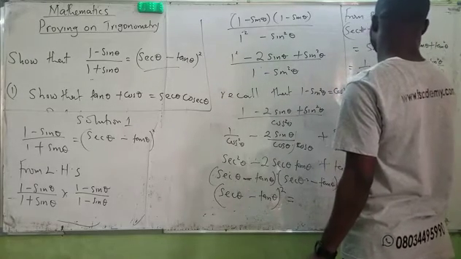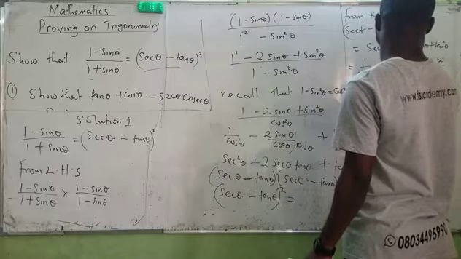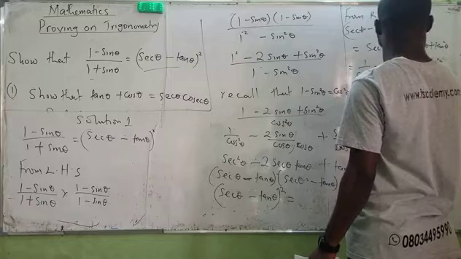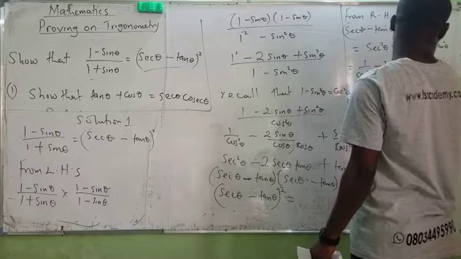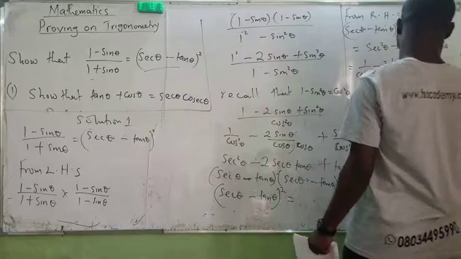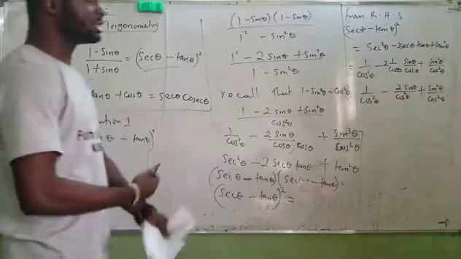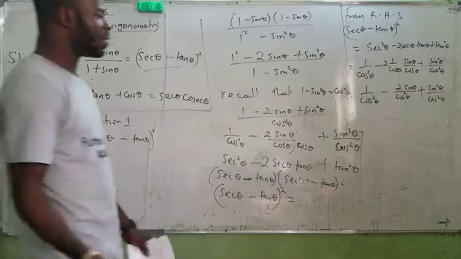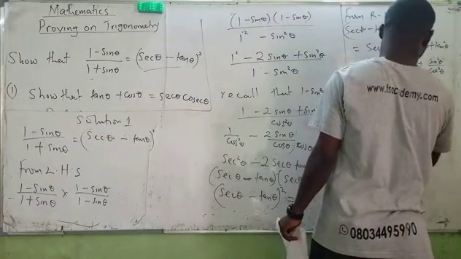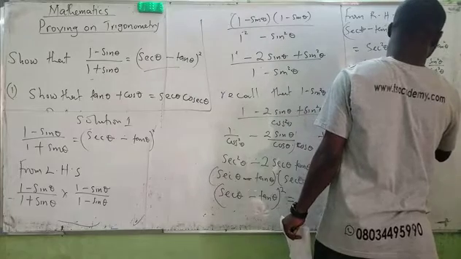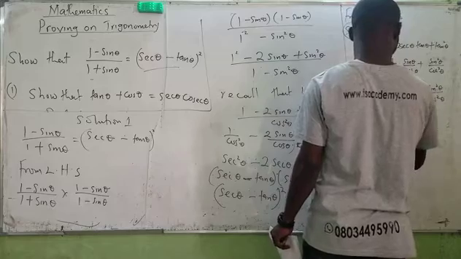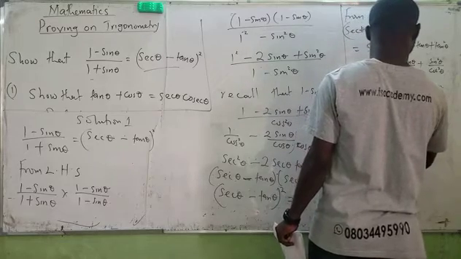I can now say 1 all over cos square theta minus 2 sine theta all over cos square theta plus sine square theta all over cos square theta. Now, I think all my denominators have square, so I can answer that 1 minus 2 sine theta plus sine square theta divided by cos square theta.